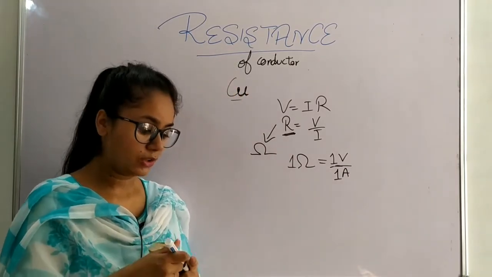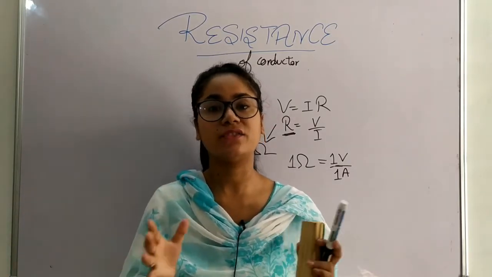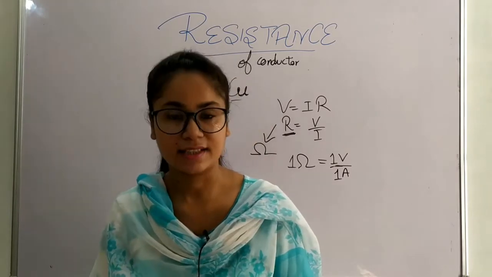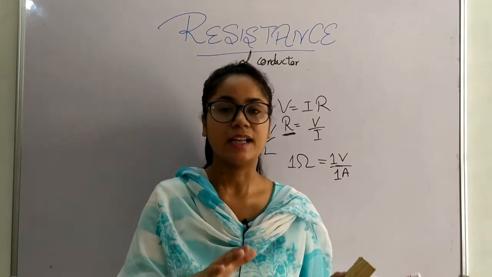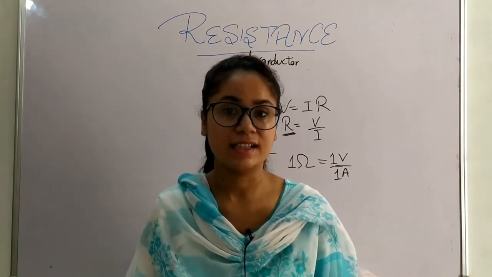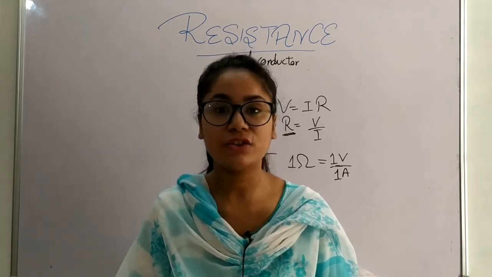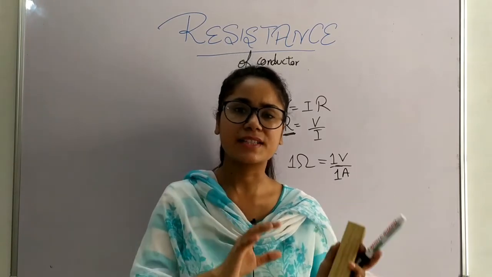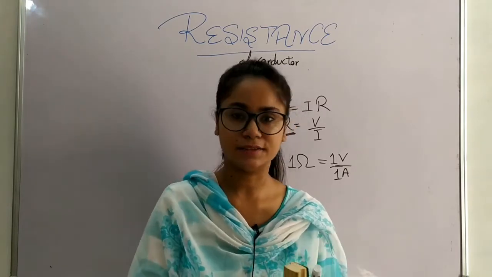Okay. Now the question arises, what is the difference between resistor and resistance? Well, the students usually get confused in it. The resistor is an object, a device, through which we can get the desired value of resistance, while resistance is an electrical property of a conductor.